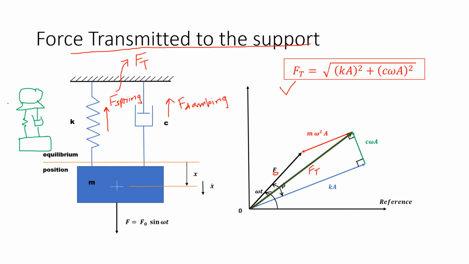The force will be transmitted: spring force Fs, damping force Fd, then the total force being transmitted to the base is Ft. So the mass can be above with the support or base at the bottom, or the support can be at the top and the mass hanging from it. Then the transmitted force is Ft. We have derived the relation.